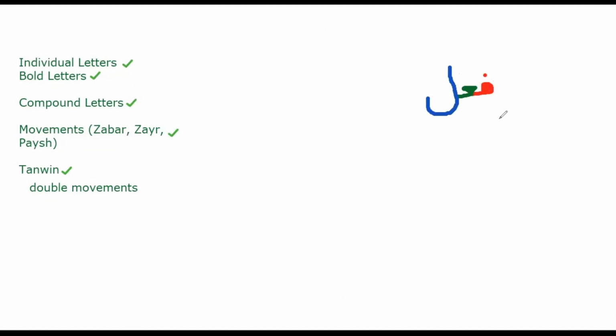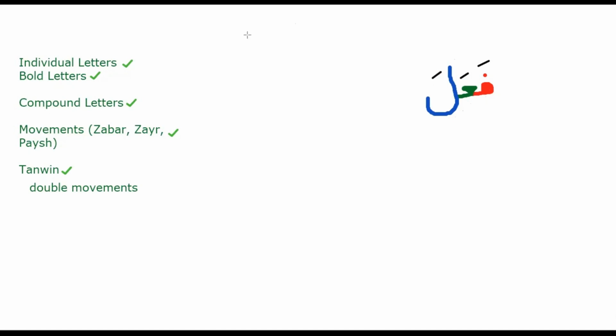First you should know these three compound letters. The first, red letter is fa, the second, green letter is ain, and the third, blue letter is lam. Now if I put the signs on them, the first sign is zabar, the second is zabar, and the third is also zabar.